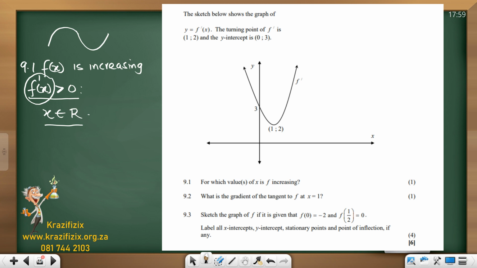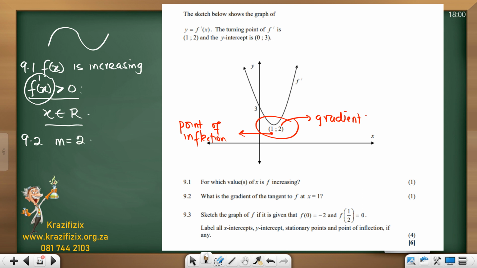What is the gradient of the tangent? 9.2. Please take note of this. I want you to go back to that lesson I did in the morning. I mentioned that, look at this point, guys, check. At this point, this is f prime of x, right? What is this point? This is your point of inflection. And so gradient m equals to what? 2.